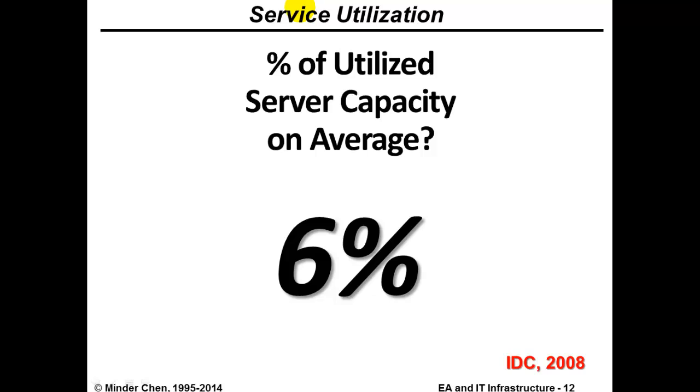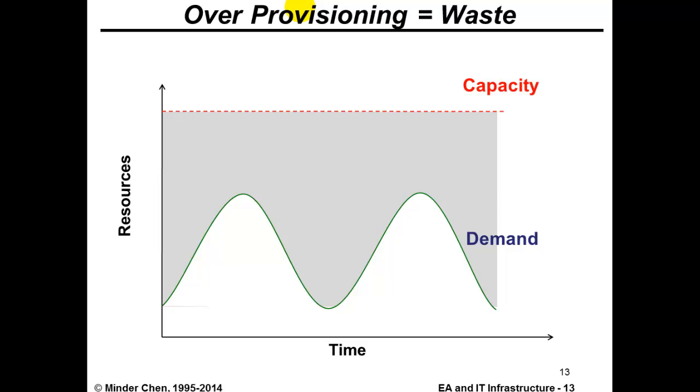Why did this happen? This is why: the demand for computing resources fluctuates up and down. This is not only in the computing industry. In a lot of industries, the demand may fluctuate, and the supply may also fluctuate.